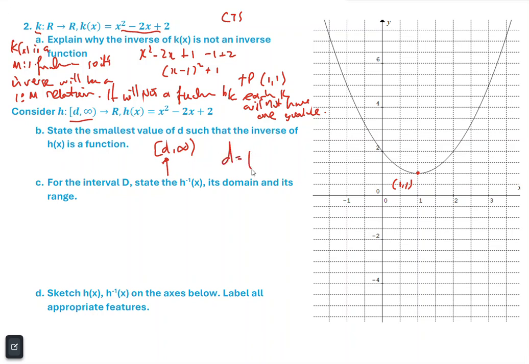So unlike the previous question where I actually gave the new domain, the domain's been given to you, where h is the new name of the function. It's got the same rule as k. K doesn't have a restricted domain, but h does. Okay, so I'm going to go from 1 to infinity. So this is going to be my graph for h of x.